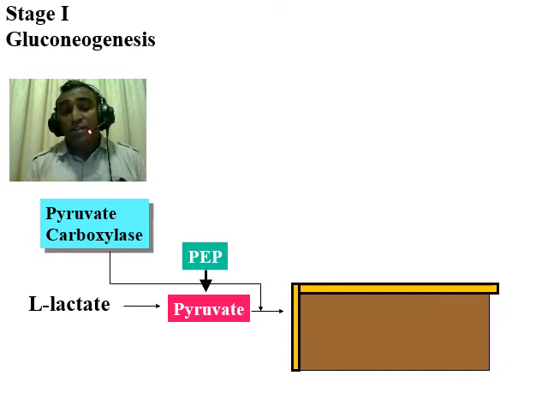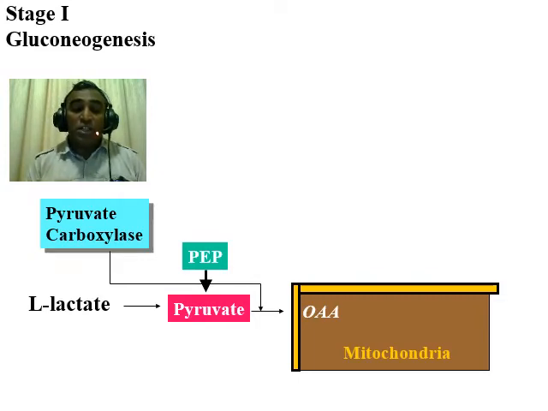In actual sense, you can categorize gluconeogenesis as being done in the cytoplasm. But with this one step, because oxaloacetate is an intermediate found in the mitochondria, pyruvate will go into the mitochondria, become oxaloacetate, and then it needs to come out. Oxaloacetate cannot come out easily from the mitochondria. Therefore, it is made into malate, and through the malate-aspartate shuttle, it can then come out.